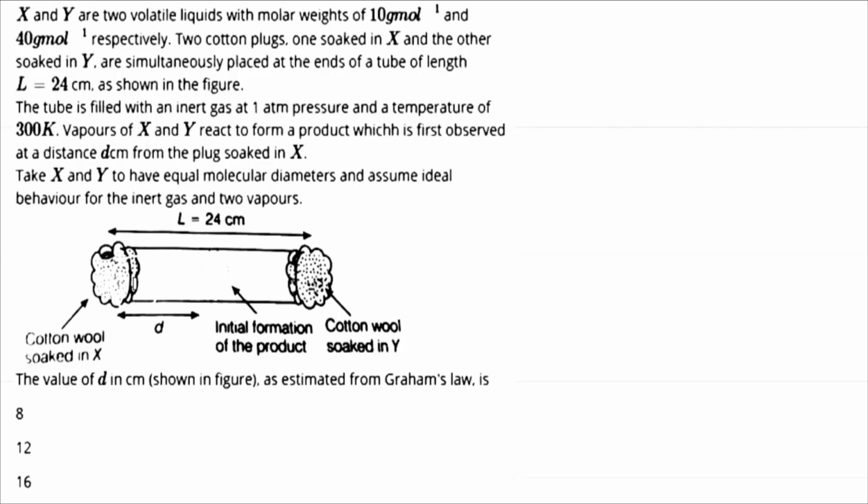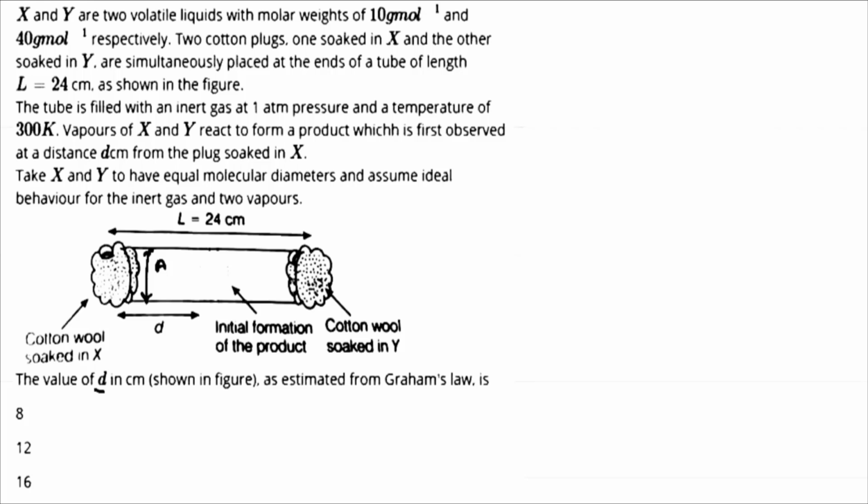Here the cross sectional area of this tube is A. And the value of d in centimeter shown in the figure, as estimated from Graham's law, is?